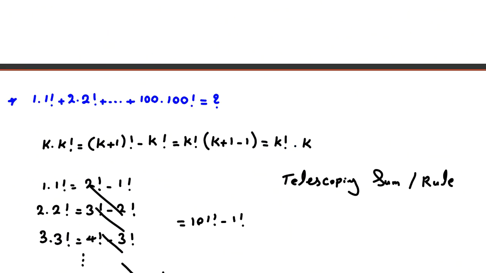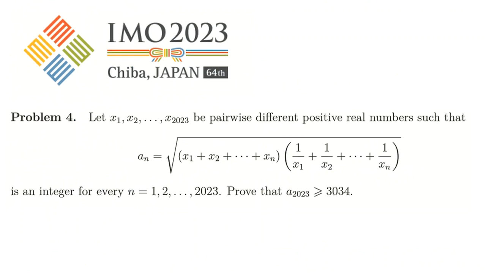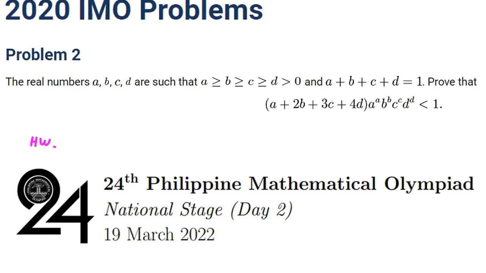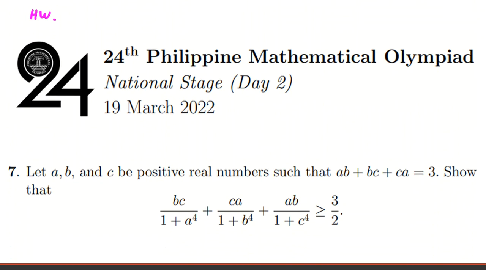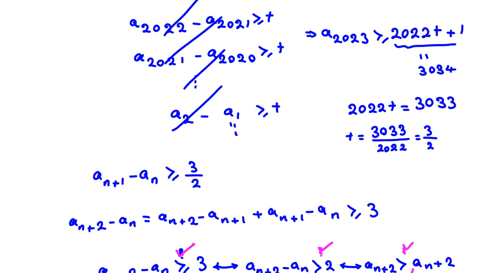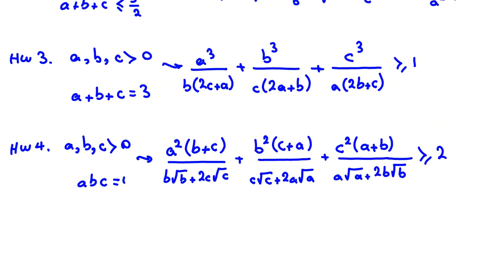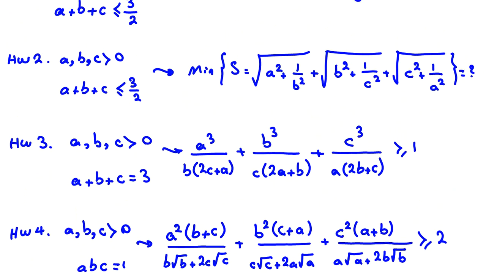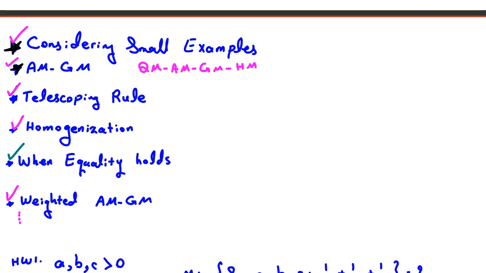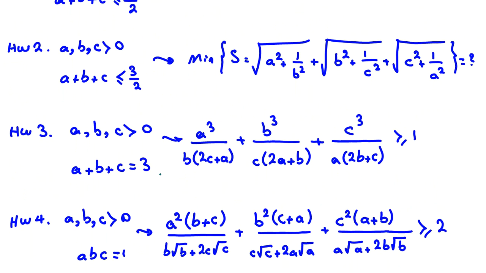So in this video I've told you a lot of ideas. We solved this problem of IMO, and this problem of IMO. I left this problem of PMO as homework because it can be solved with the same idea. 4 homeworks, I solved one of them, and I've shown you the idea of how you consider when equality holds and how we can find coefficients.